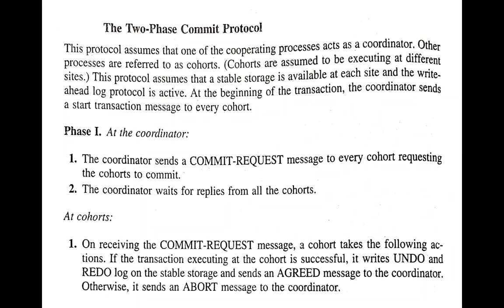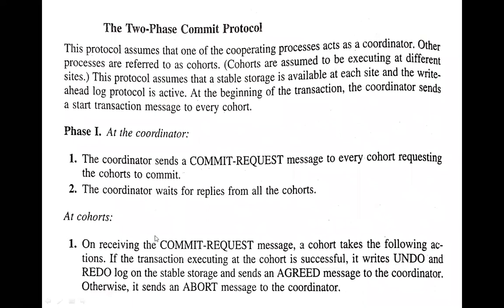What kind of activity is being done? First of all, the coordinator sends a commit request message to every cohort, requesting the cohorts to commit. And once it sends this commit request message to all the cohorts, the coordinator waits for the replies which it is expecting from the cohorts.